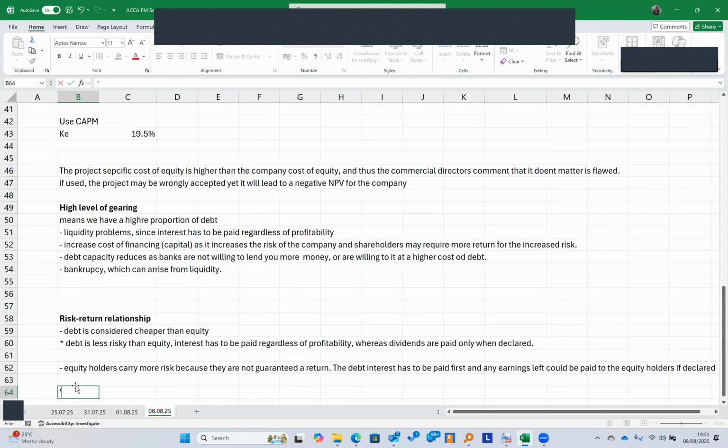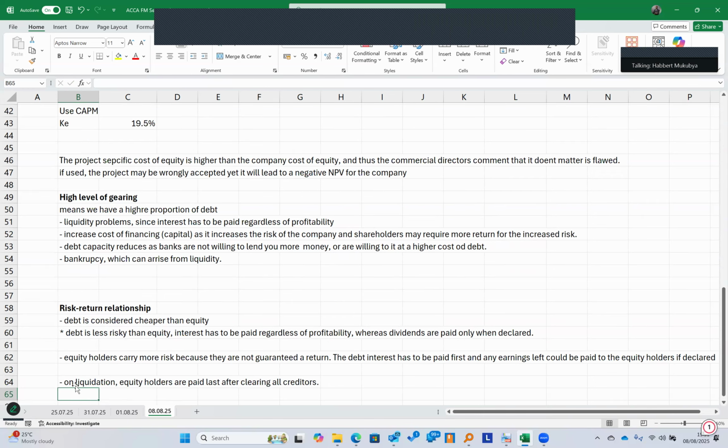Another thing is that on liquidation, equity holders are paid last, after clearing all creditors.